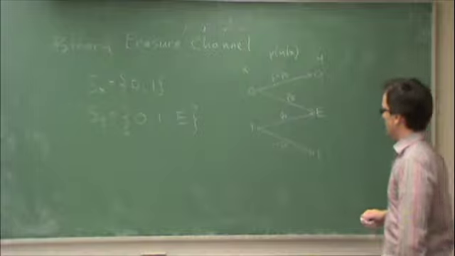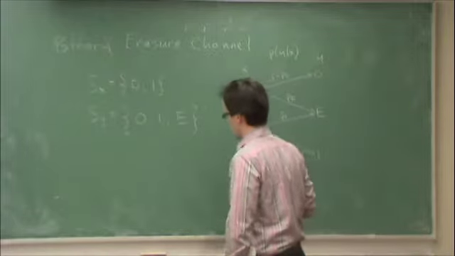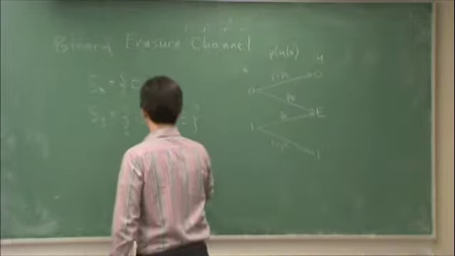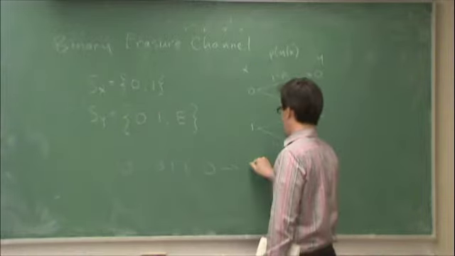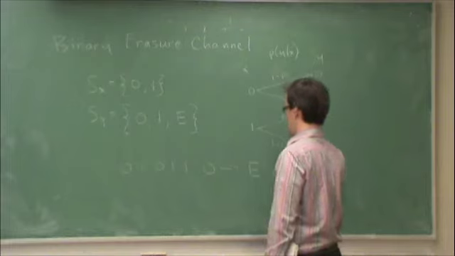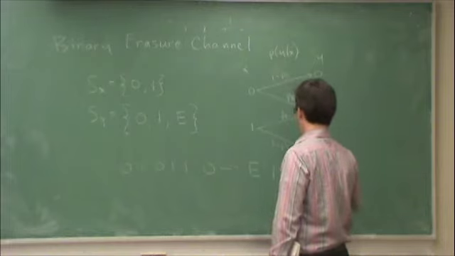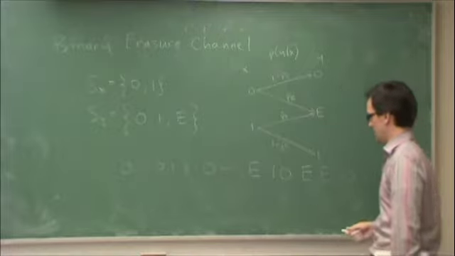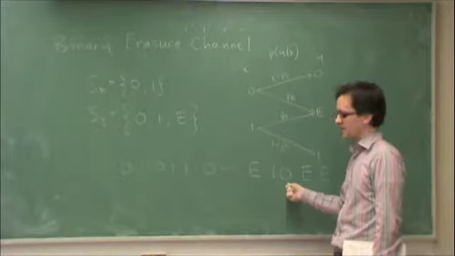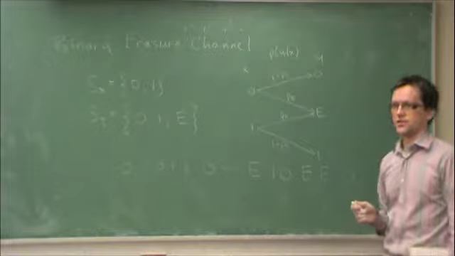So, what does this mean? This means if, for example, I have channel inputs 0, 1, 0, 1, 1, 0, I could get mapped to E, 1, 0, E, E, 0, or something like that. So in other words, if I observe something at the output, it's guaranteed that that's what was transmitted.